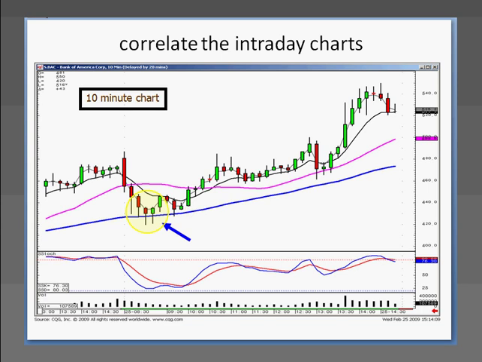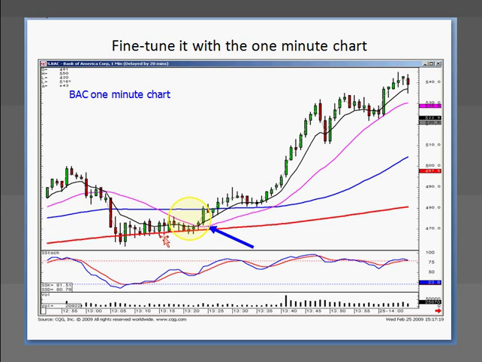So those are the type of chart combinations that I use. Or you can even go down to your 1-minute chart if you're day trading, and you can see, for example, they pulled back. This is Bank of America a while back. Pulled back, supported right on the 200 moving average on the 1-minute chart, and then started trading positive.